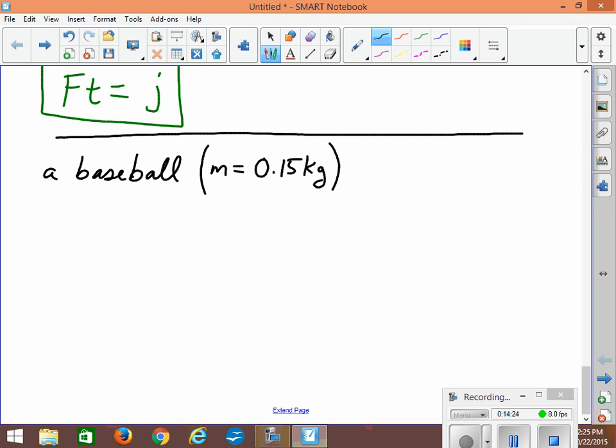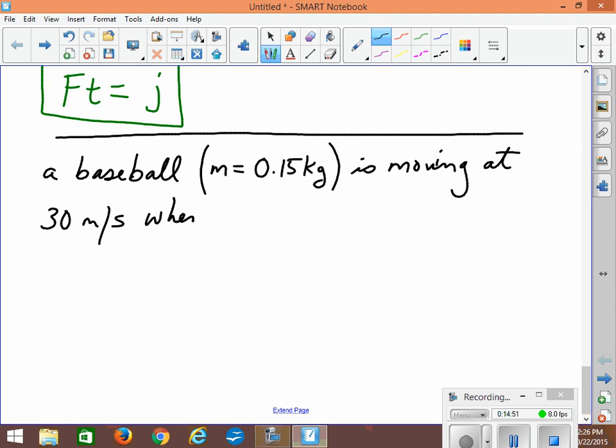For some reason, I remember looking that up not too long ago. And the baseball is moving because it's been thrown by the pitcher. A big league pitcher can throw a ball somewhere around 100 kilometers an hour. So we're going to say it's moving at 30 meters per second, which is pretty close. This would be a real fastball.